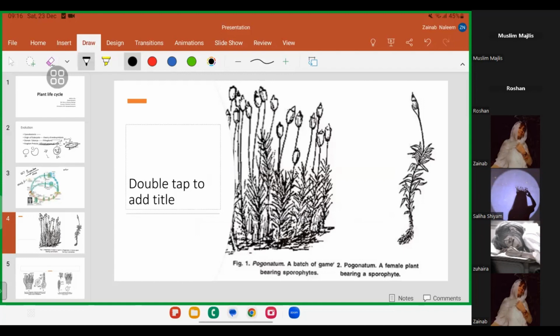As you know, it has two types, the gametophyte and sporophyte. Pogonatum is an old one, the first plant able to make the transition from water to land, so it is sort of an old school plant. The dominant plant is the gametophyte.